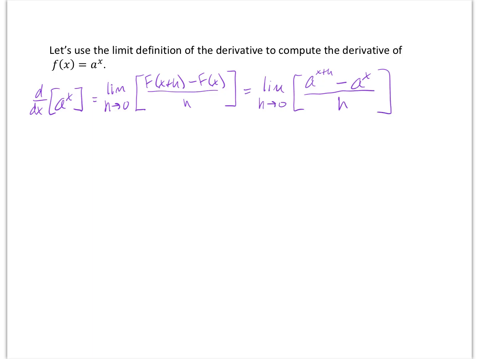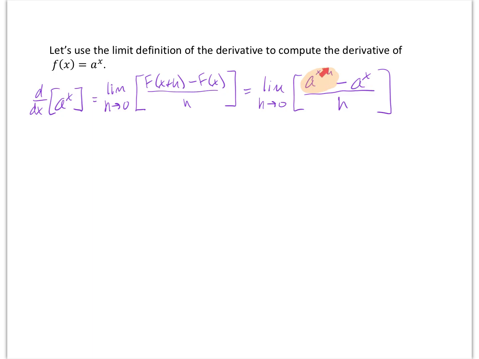Now I'm going to use a rule of exponents that we usually use in reverse. I'm going to rewrite a to the x plus h, because that is a base with two exponents added together. When do you add exponents together? When you're multiplying like bases.